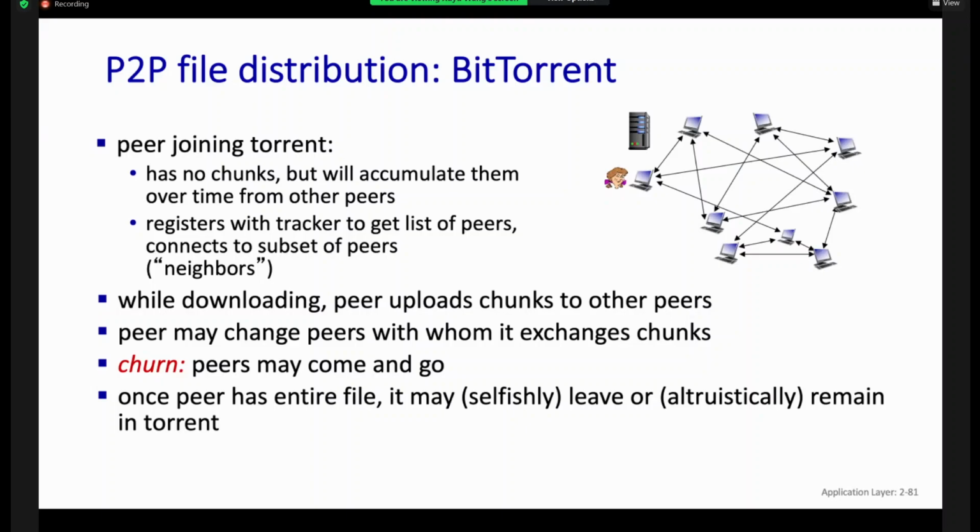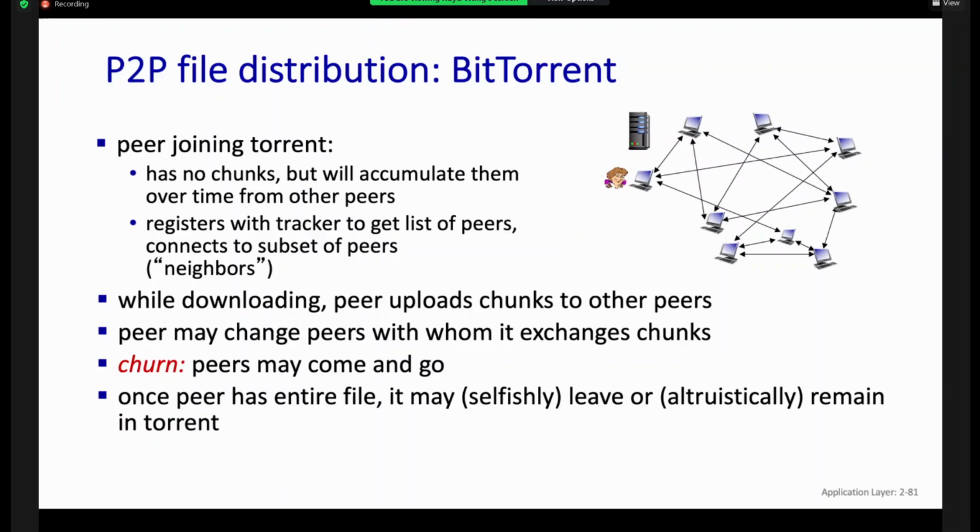Another feature is that she connects to a subset of peers from the list. Alice can download chunks from the neighbor peers, and at the same time also upload chunks to other peers.